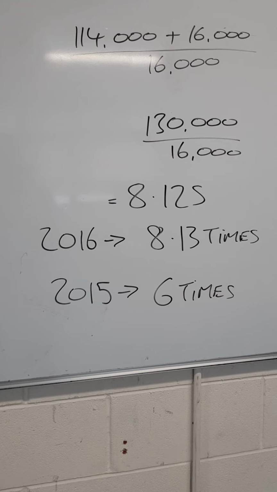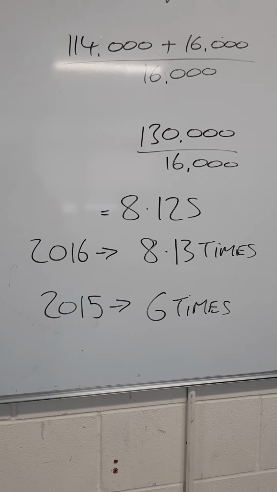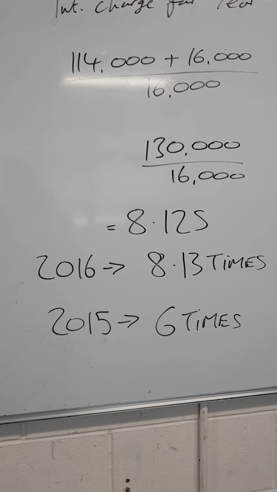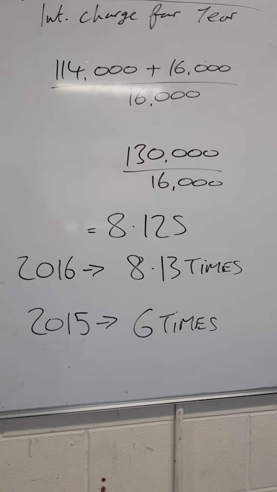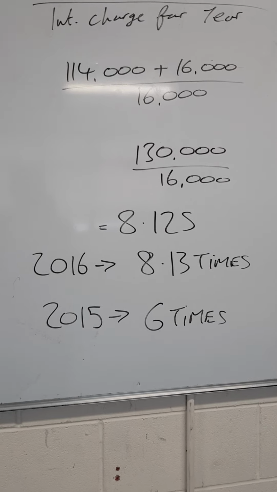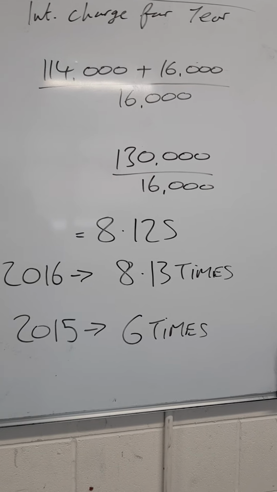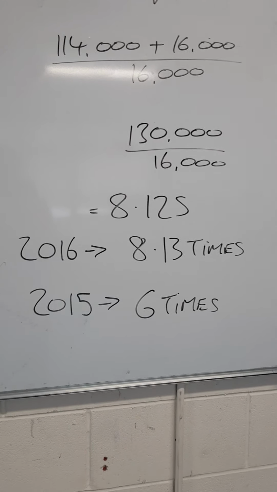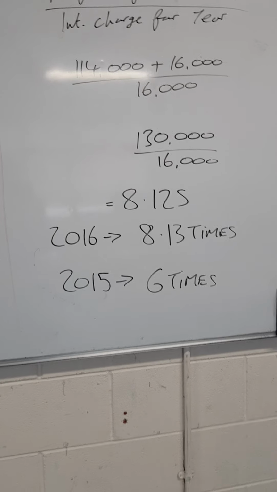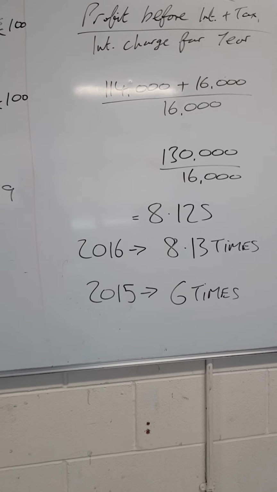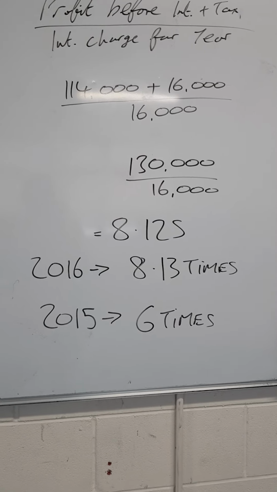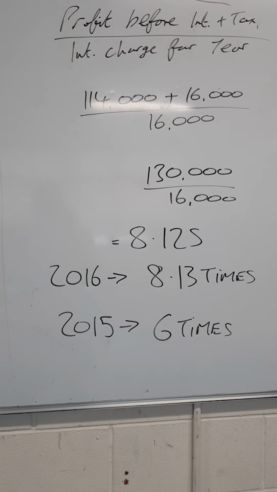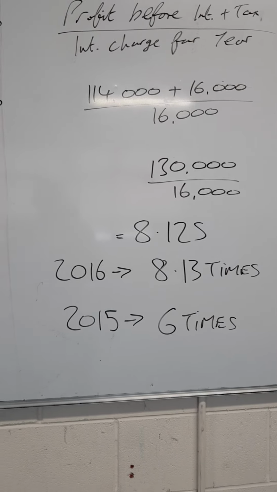Leave it at 2 decimal places; if you want to go a step further and put it to a whole number you can, but make sure you show it to 2 decimal places before that. So 8.13 times, which compares favorably with last year, which was 6 times. So you are able to pay your interest 8.13 times out of your profit, and that's good. The higher that figure is, the better.